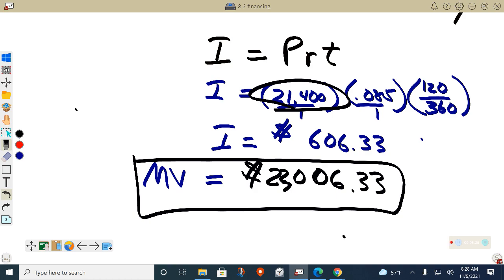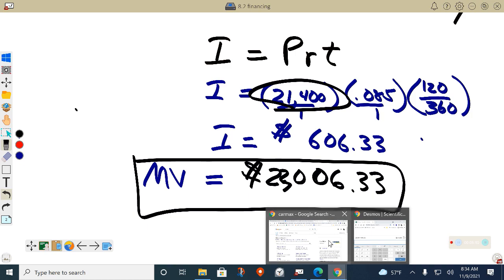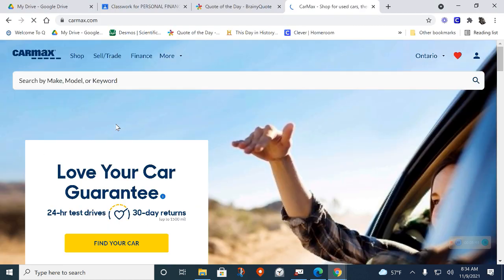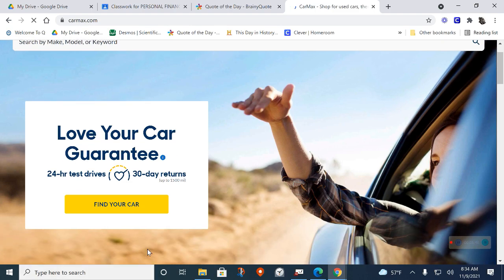So, what are we to do here? Here's the game plan. Maybe do we think they have it on CarMax? Let's see. Okay.